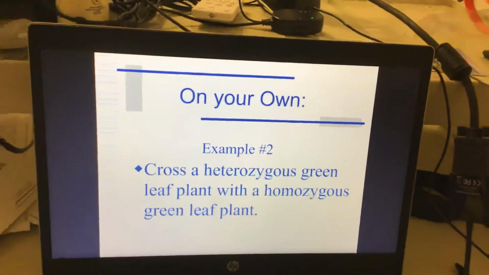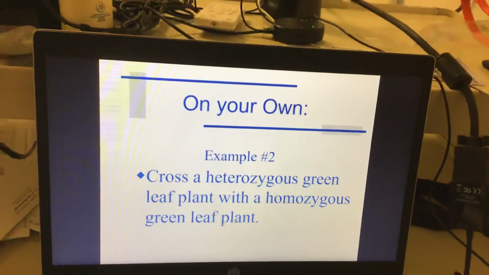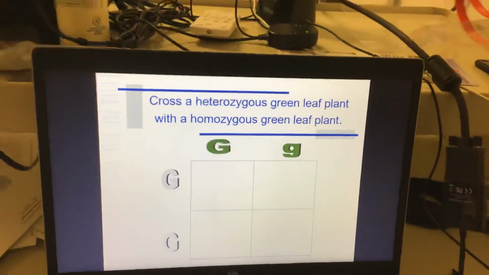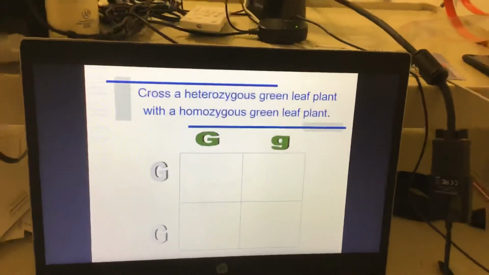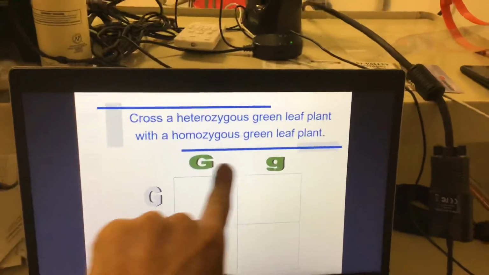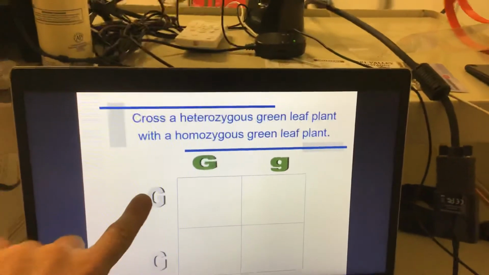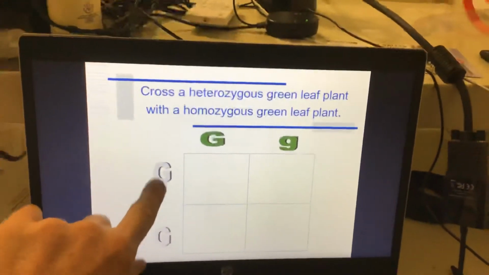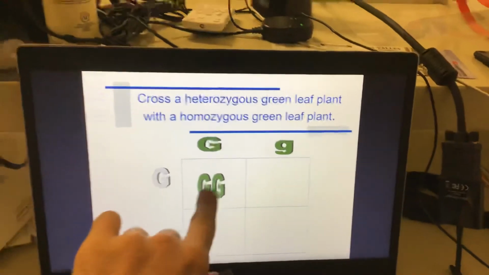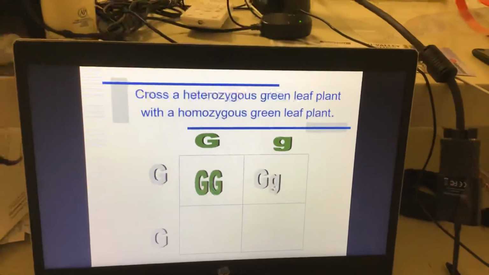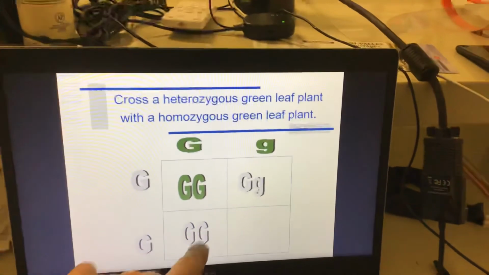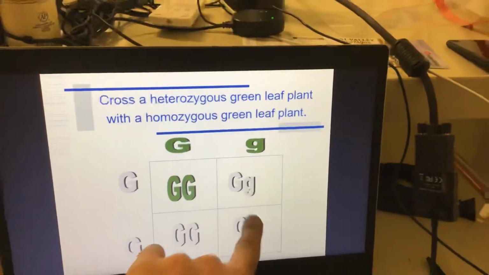Here's another one. Cross a heterozygous green leaf plant with a homozygous green leaf plant. So, here we go. This would be heterozygous green, a big and a little. This would be homozygous green, a big and a big. So when we fill those out, we get big G, big G, big G, little g, big G, big G, and big G, little g.